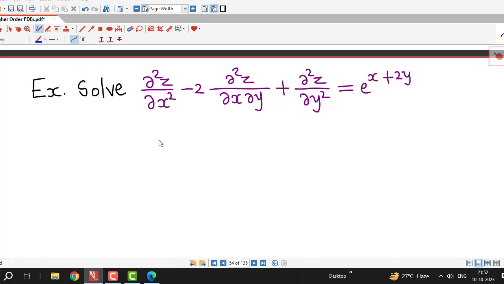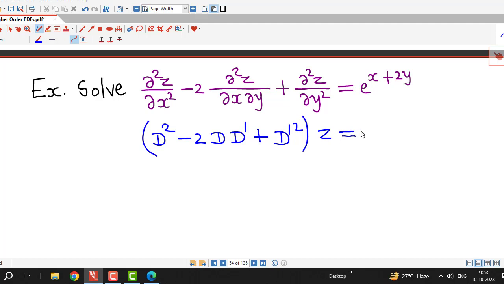So here we can rewrite our equation as (D squared minus 2DD' plus D' squared) z equal to e raised to x plus 2y, and I give this number 1. This is non-homogeneous due to the presence of this function which is independent of z and its derivatives.